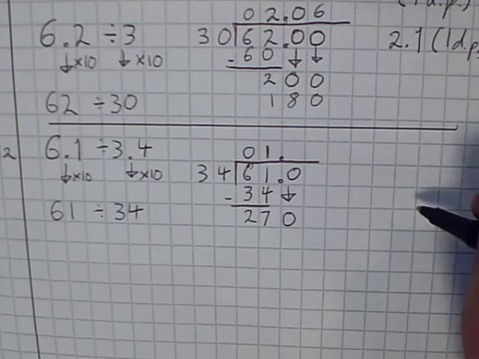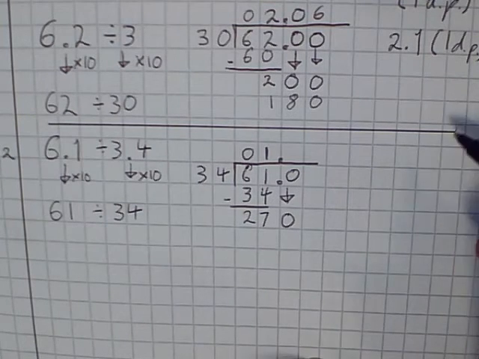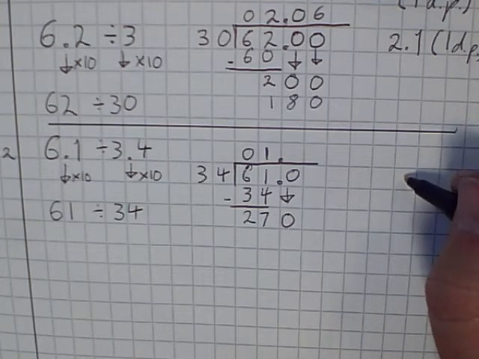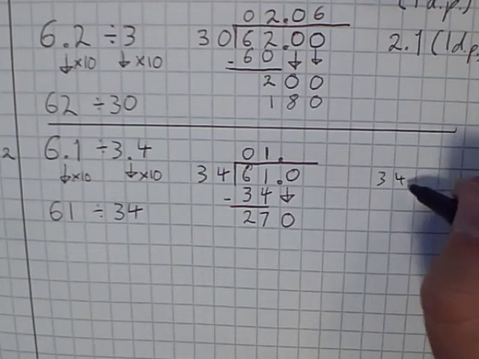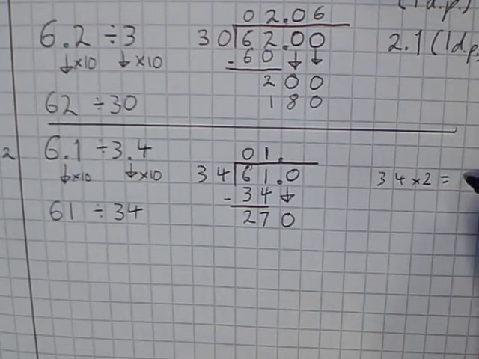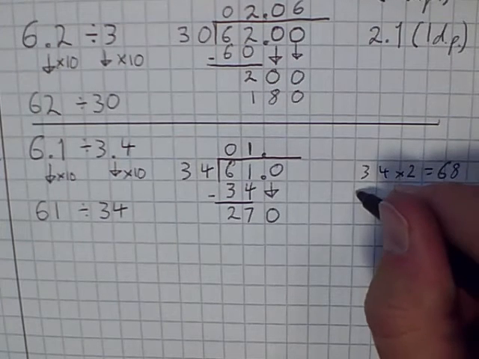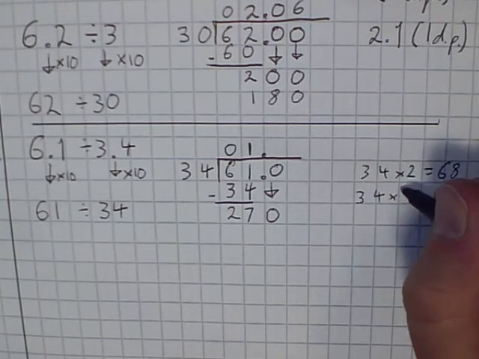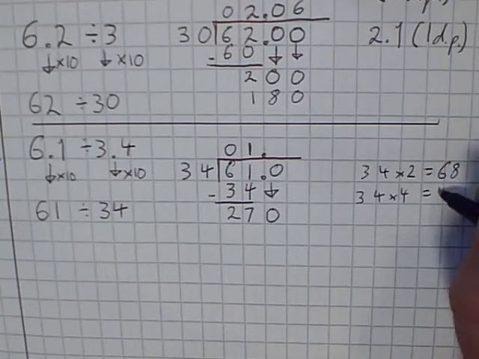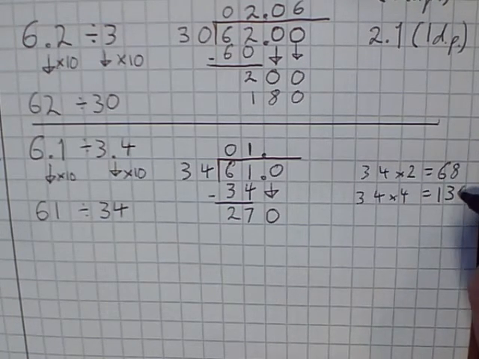Well, I'm just going to work this out by doubling and so on. So 34 times 2 I know is 68. So if I double that again, that would be 34 times 4, wouldn't it? And that would be 136.